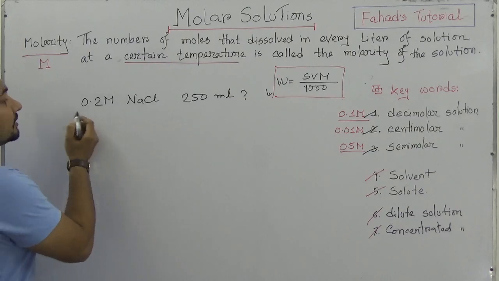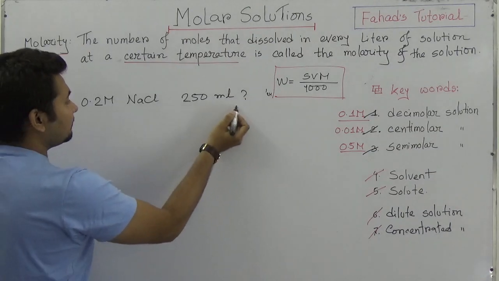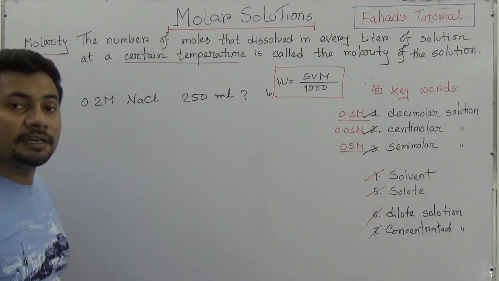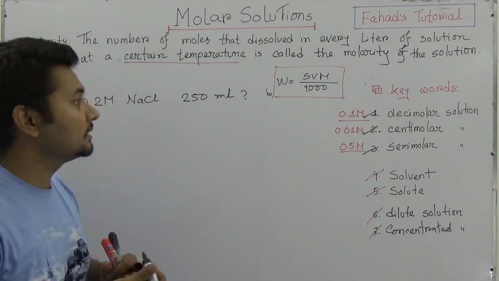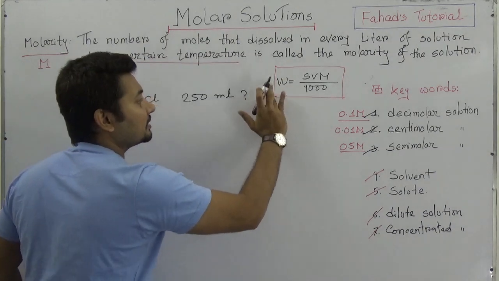How will I prepare these solutions? 250 ml, 0.2 molar sodium chloride. Then what is the question asking? What do I need to find out from here?